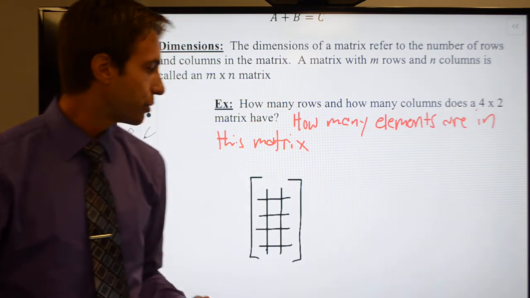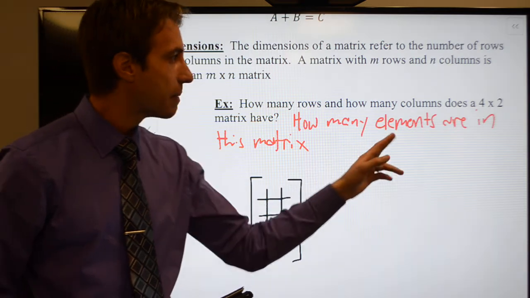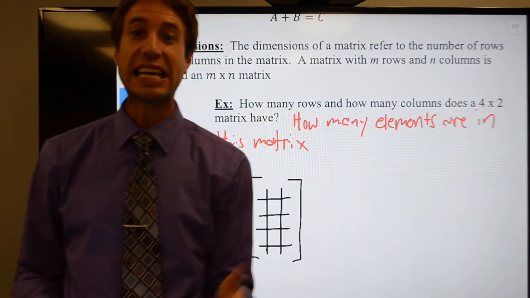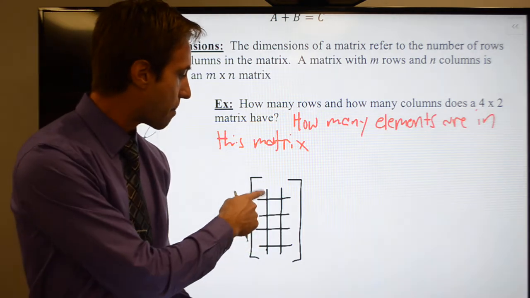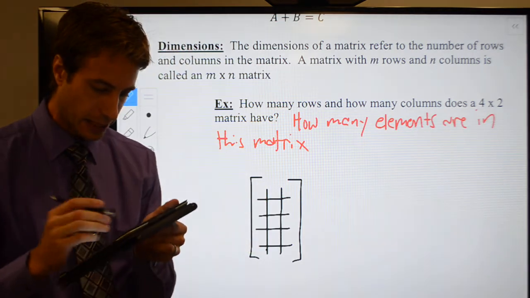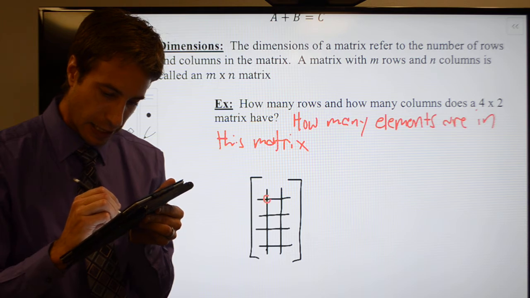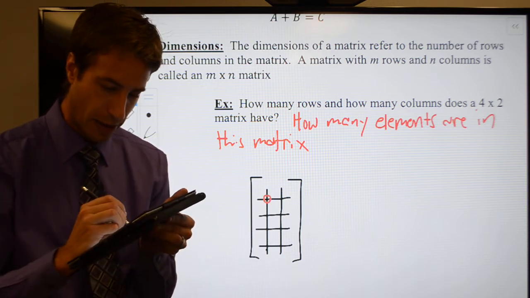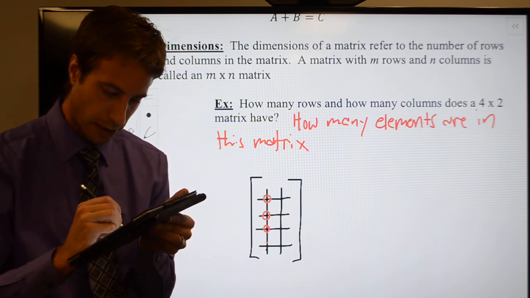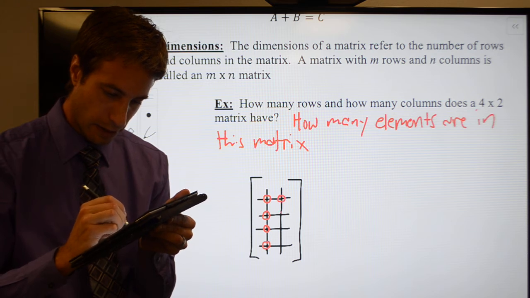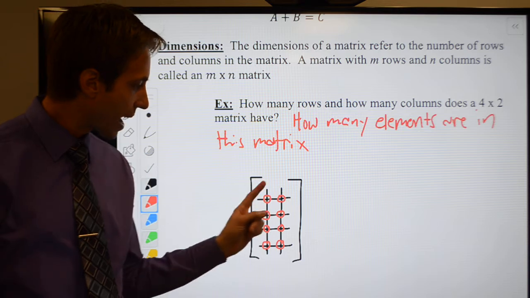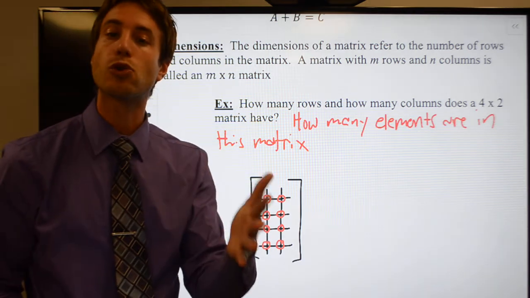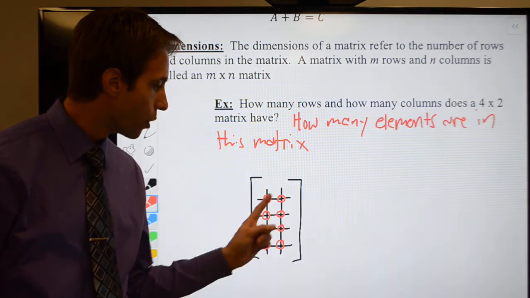And I ask you to figure out how many elements are in this matrix. Well, an element would go everywhere my lines intersect. So I would have an element here, could be a number or a variable. I would have an element here, here, here, there, there, there, and there. If I had elements, constants or variables, whatever, they would go in those positions.